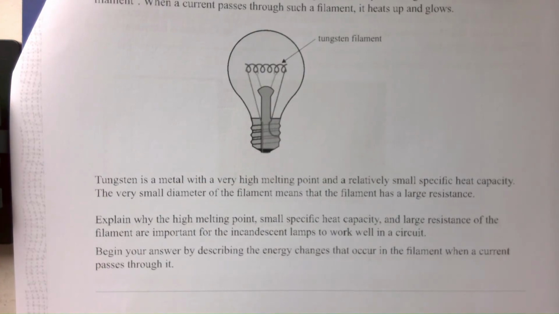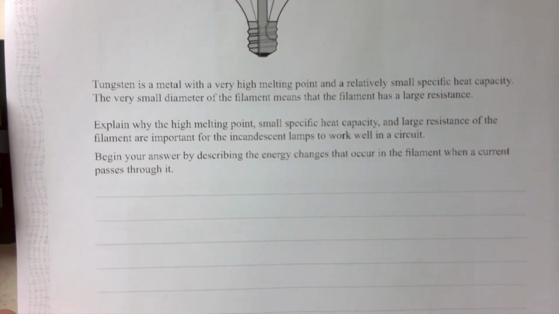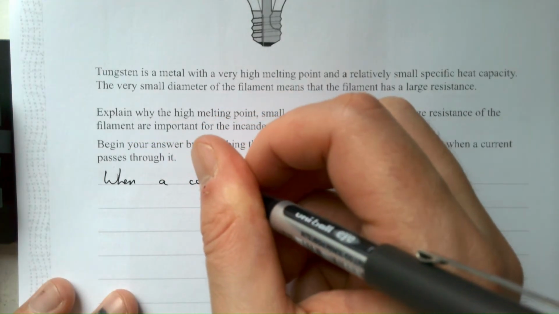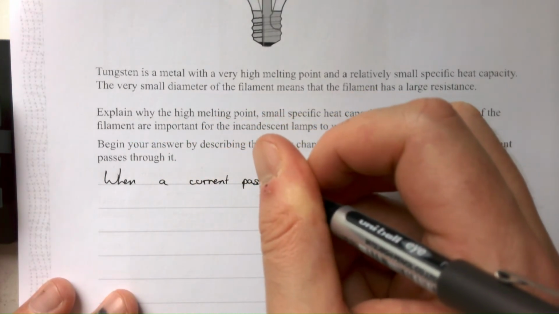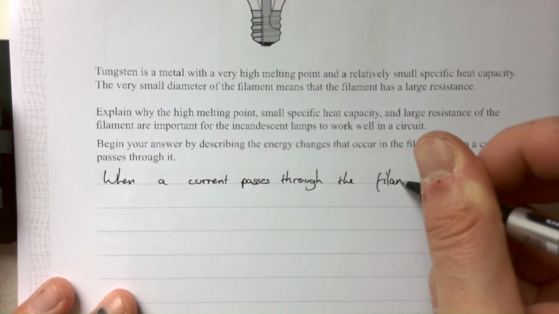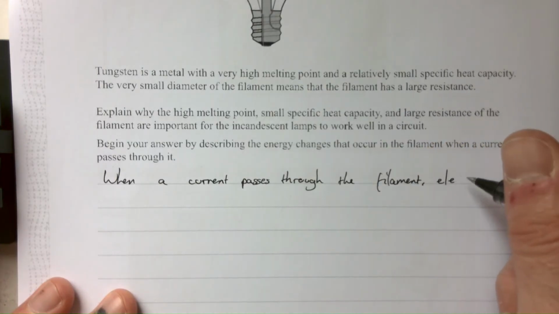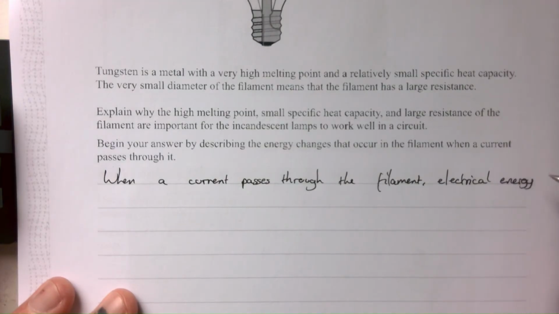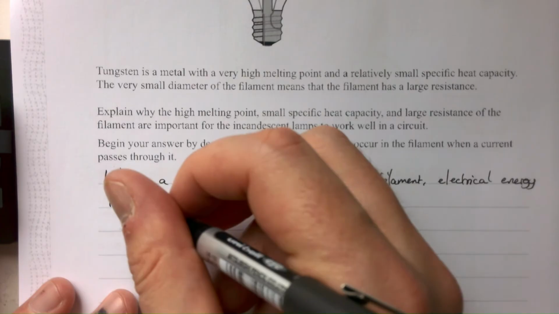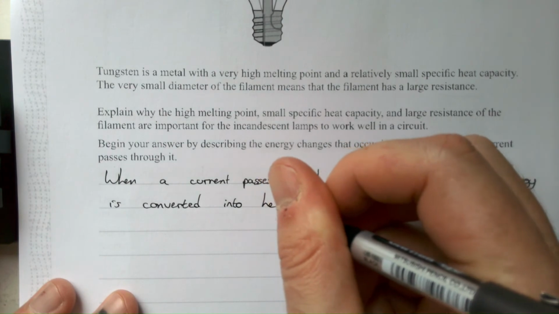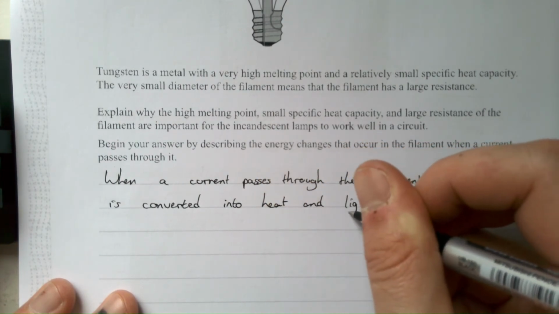So we'll take their advice and we'll start by describing what happens in terms of the energy transfers, or energy changes, sorry. When a current passes through the filament, electrical energy or electrical potential energy is converted into heat and light.